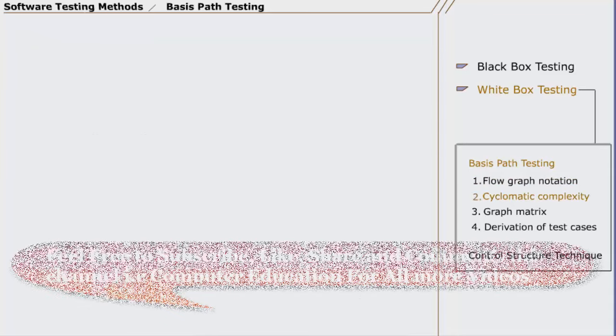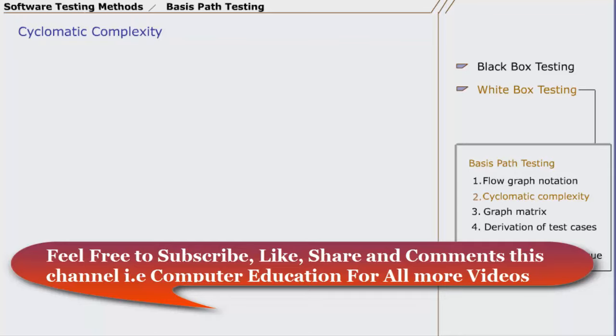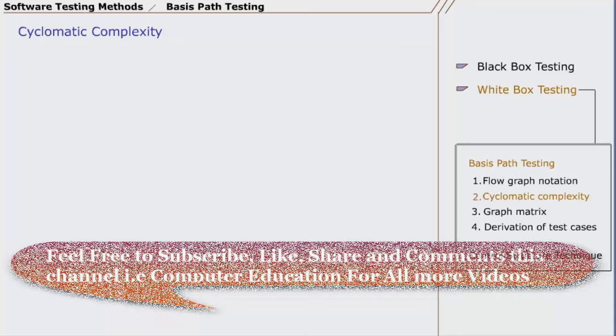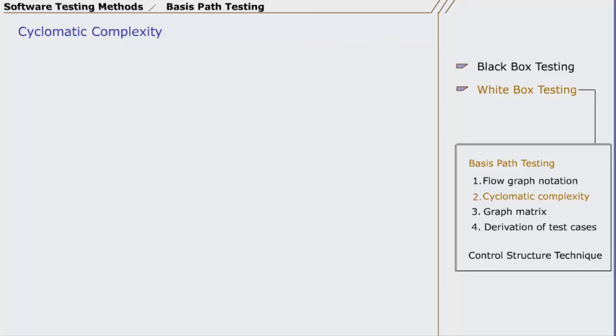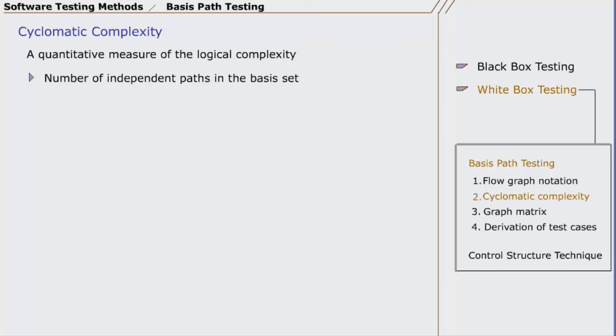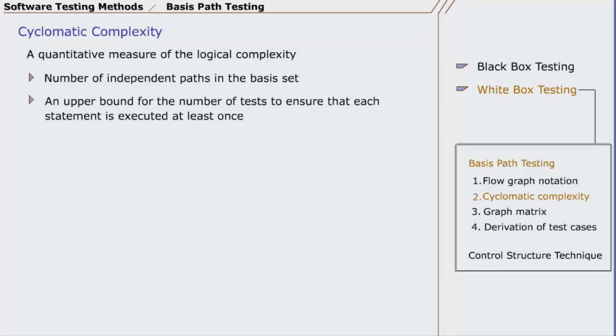Dear learners, let's discuss cyclomatic complexity. The cyclomatic complexity gives a quantitative measure of the logical complexity. This value gives the number of independent paths in the basis set and maximum number of tests to ensure that each path is executed at least once.